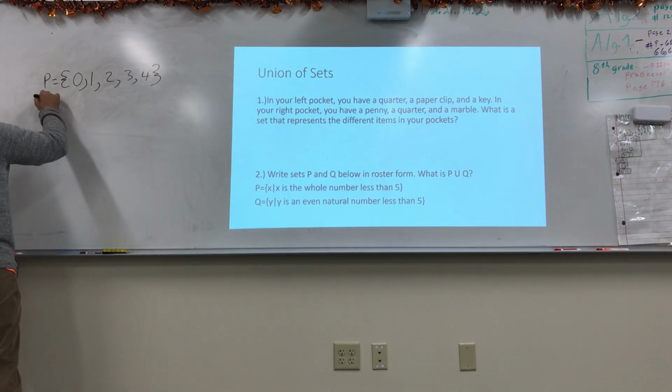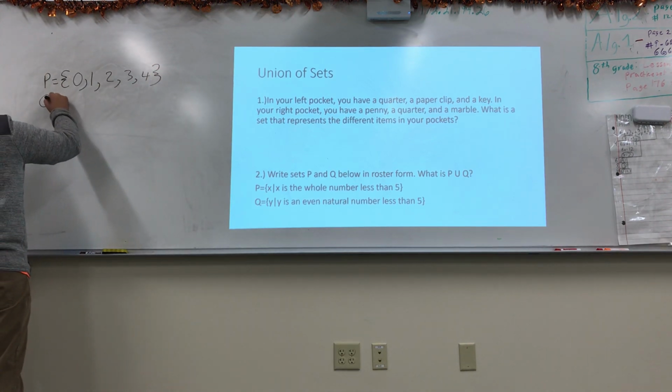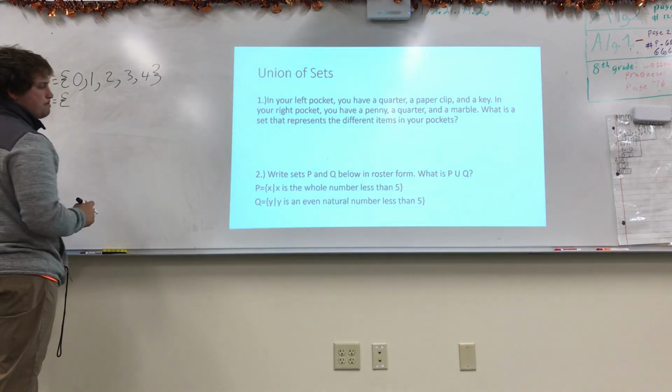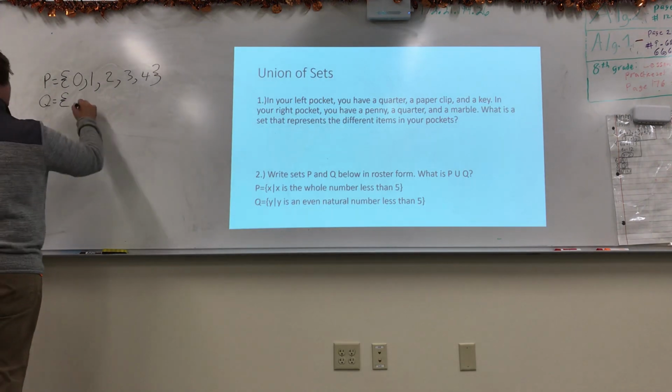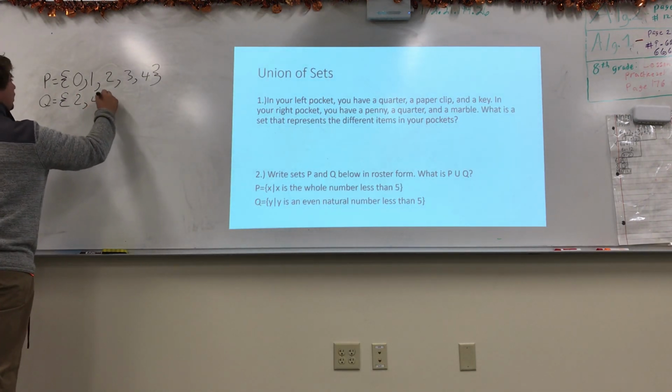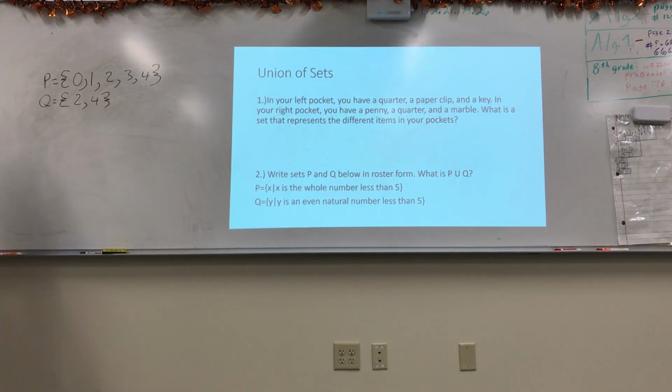Okay, Q is going to be even natural numbers. Being that they're natural, I think that takes out 0, so that's going to leave you with 2 and 4, I believe. Those are the only even ones, and they gotta be natural. So those would be your two sets there. Now you need to list this in roster form, but both of these are in roster form right now.